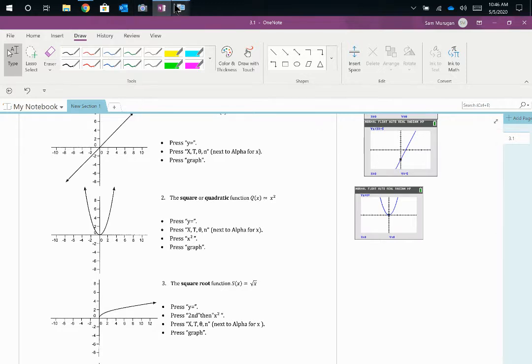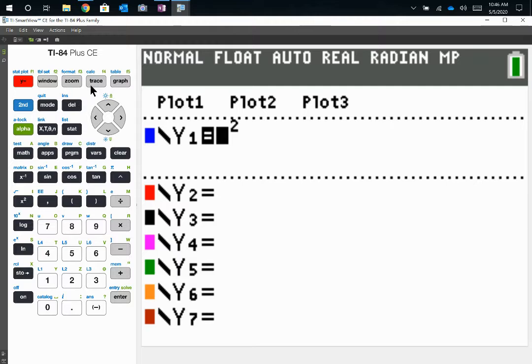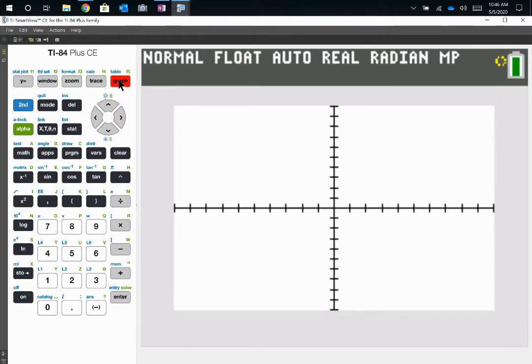For example, if I were to modify this function and say this is x squared plus 2x minus 5, I would get a quadratic function also. It would be a U-shaped function like that.